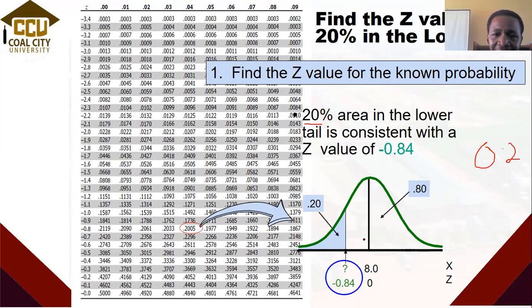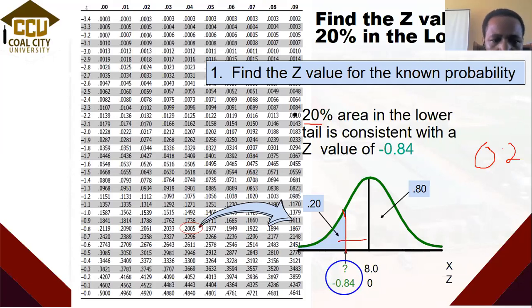Since it's less than, it falls somewhere here. So you look for 0.2 on your table, the one that I sent to you. You can see the number closest to 0.2 here on the table is what?